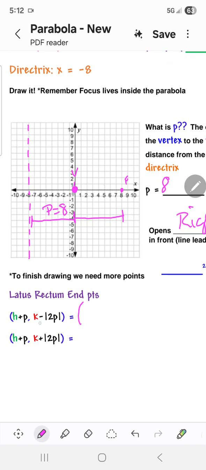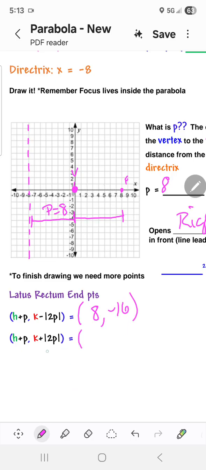So h is 0 plus p, where p was 8, comma, k is 0 minus the absolute value of 2 times p, and p was 8. 0 plus 8 gives you 8. 0 minus 2 times 8 is 16. The absolute value of 16 is 16, but then you have to tack on that negative, so negative 16.